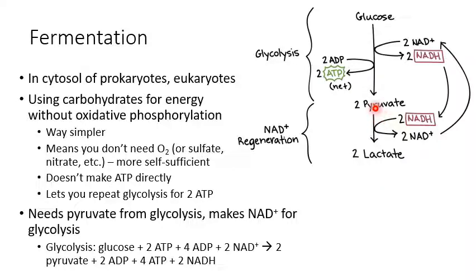In this type of fermentation, pyruvate is converted into lactate, also known as lactic acid. That process requires electrons from NADH. Once the electrons are removed from NADH, then you have NAD+. NAD+ can go back to glycolysis and serve as a reactant for glycolysis. That lets you do one more round of glycolysis to get a little bit more ATP.